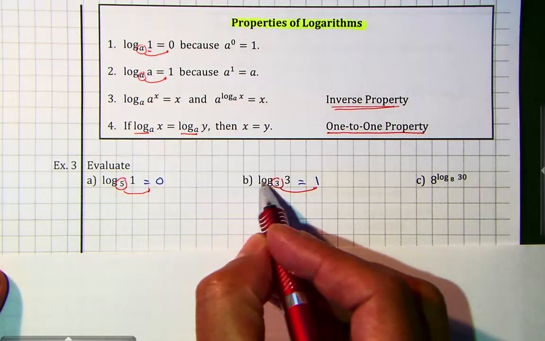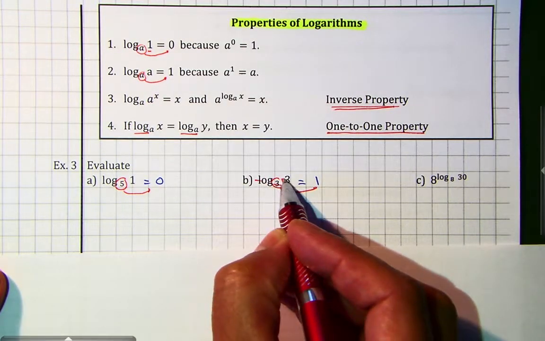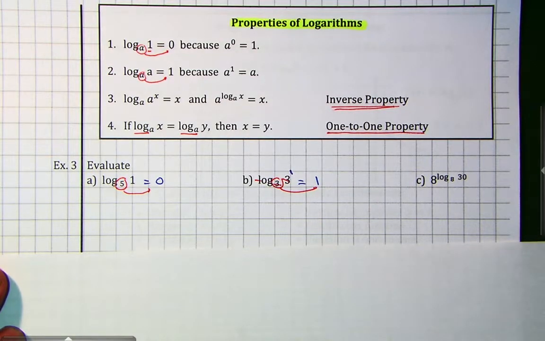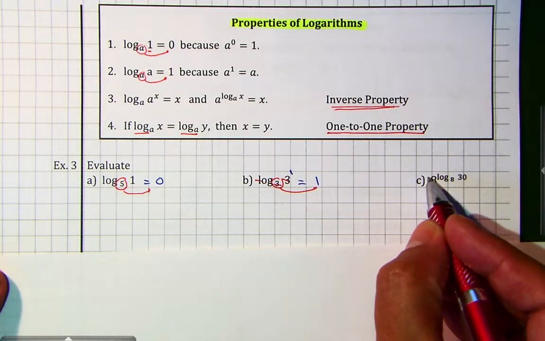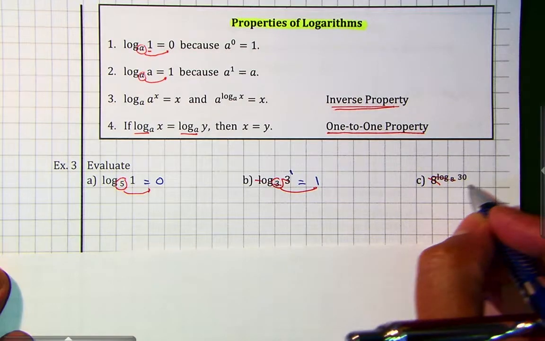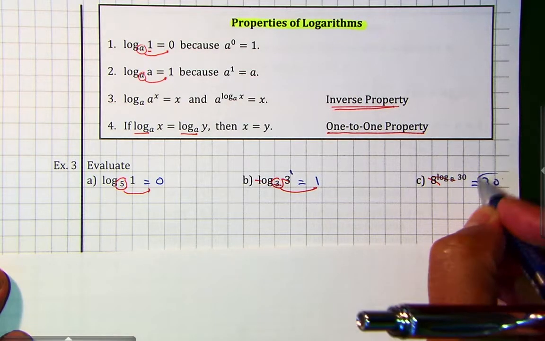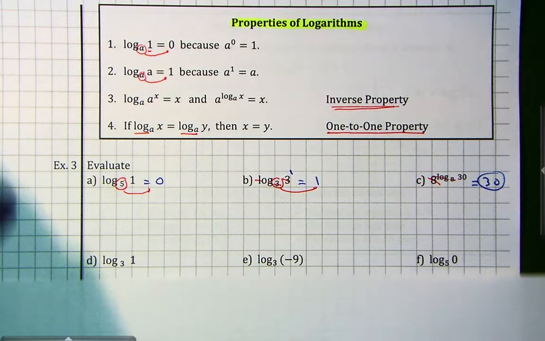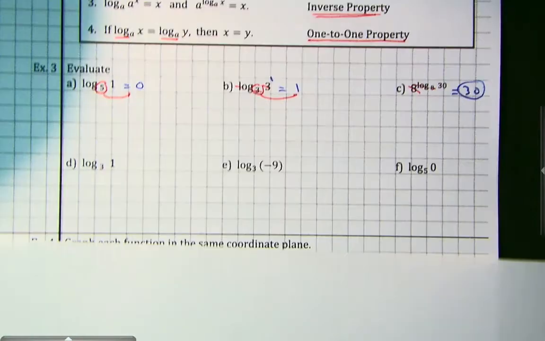The log base 3 and the base cancel, and you're left with the exponent. We'll go over that more once we start solving equations in 6.5. The base and the log cancel each other out, so this is equal to 30. If they have the same base, then they can cancel each other out due to the inverse property.